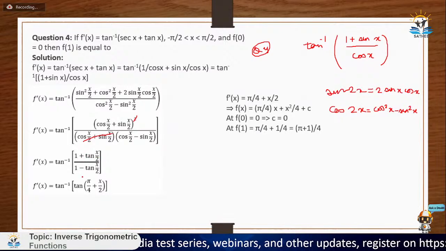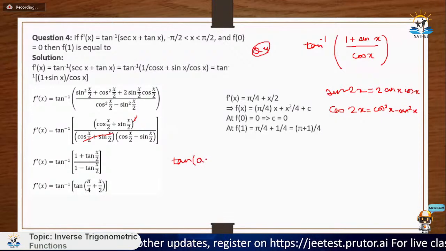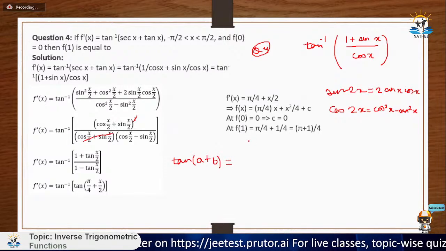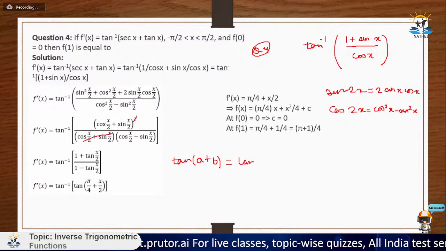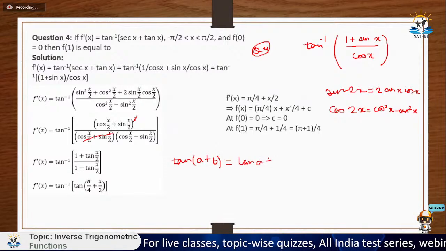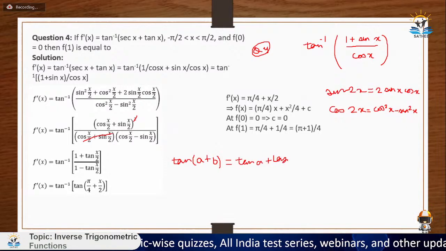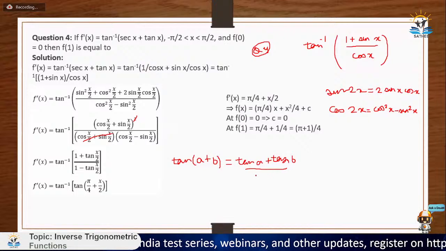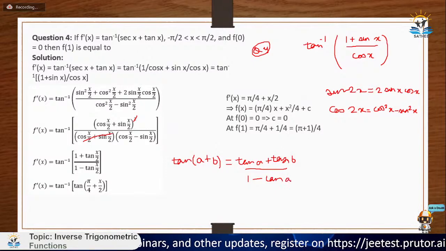And this is the formula of tan of pi by 4 plus x by 2, because we know the formula of tan a plus b is equal to tan a plus tan b upon 1 minus tan a tan b.